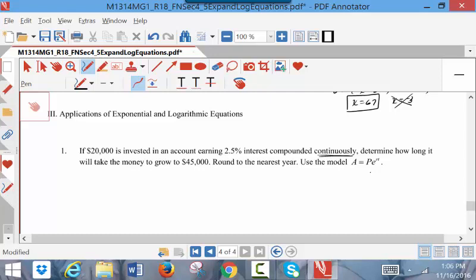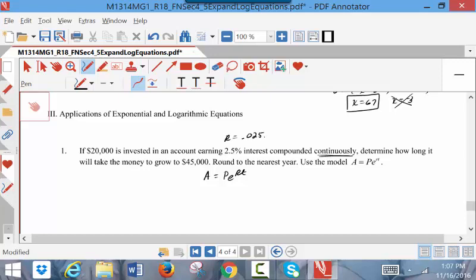All right, let me grab my calculator. So here we go. They give me the formula, which you should have immediately gone to in your mind anyway, because it's continuous compounding. 2.5% interest will be 0.025.